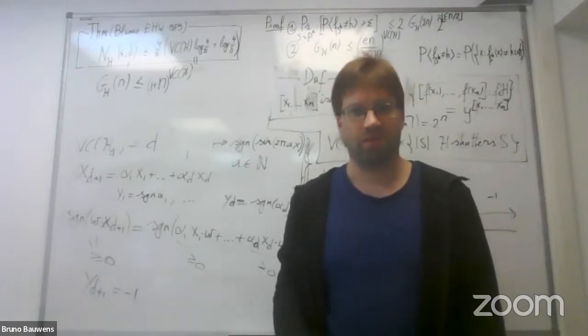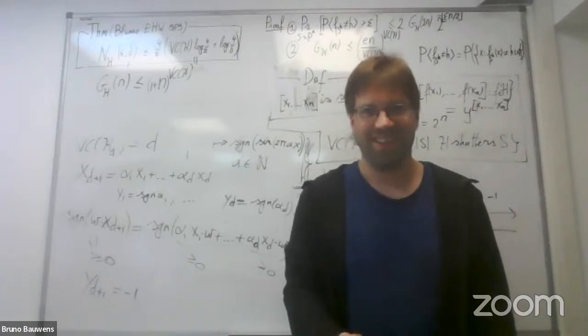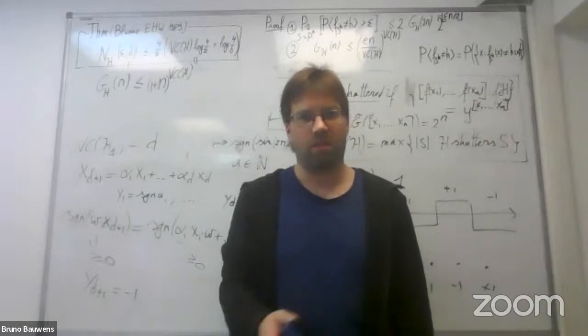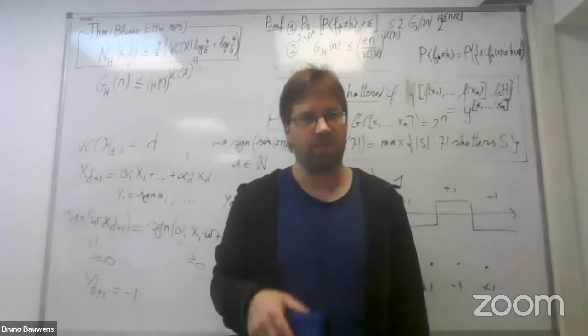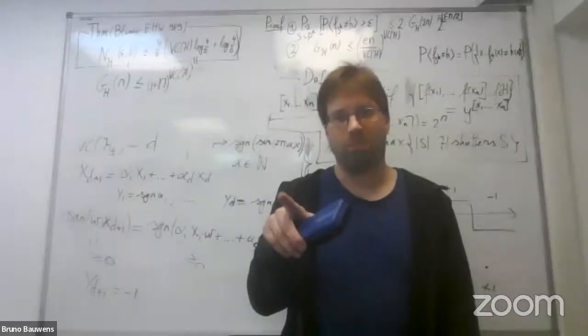Maybe not for 0. That's a strange case. But didn't we prove that the VC dimension for D equal to 2 is 3? Yeah, and that was for inhomogeneous half spaces. Oh, okay, I see. So for inhomogeneous, it's 1 more.